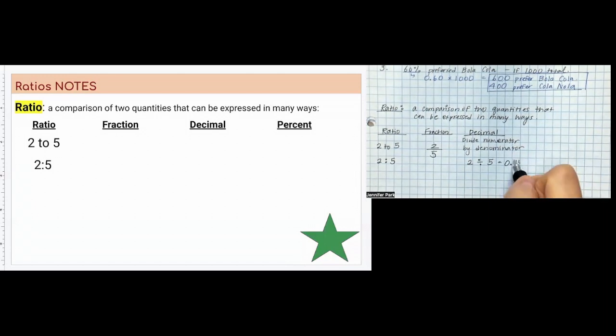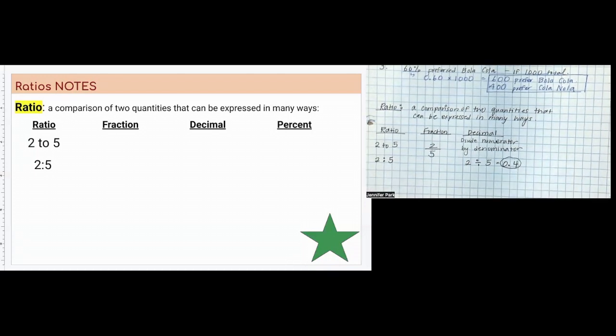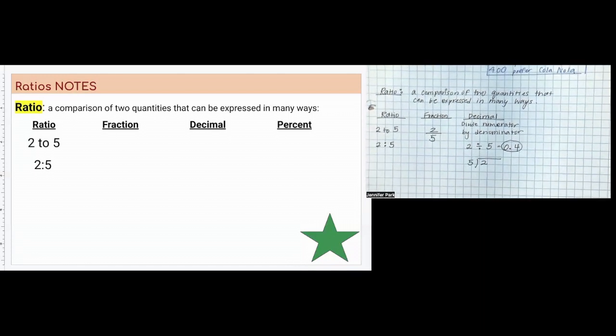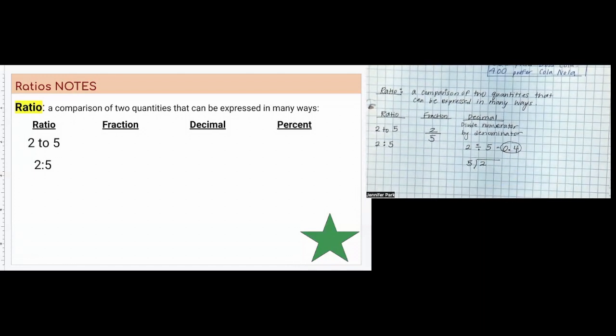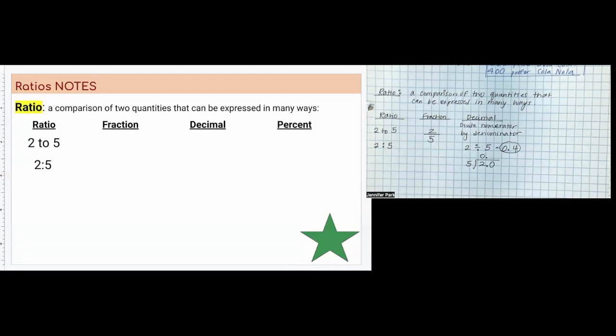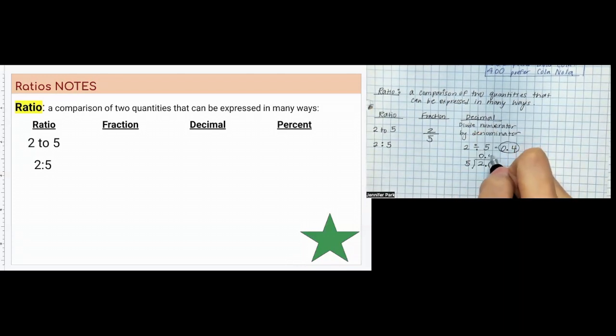So 0.4 as a decimal is another way to write the ratio. Let me show you that real quick. 5 does not go into 2, so we put a decimal point and add a 0. Now how many times does 5 go into 20? 4 times. 4 times 5 is 20. Subtract, it is equal to 0. So that's why the decimal is 0.4.